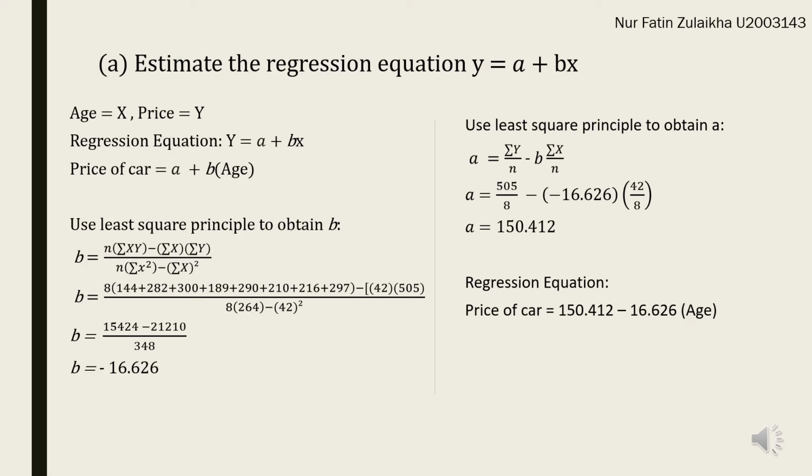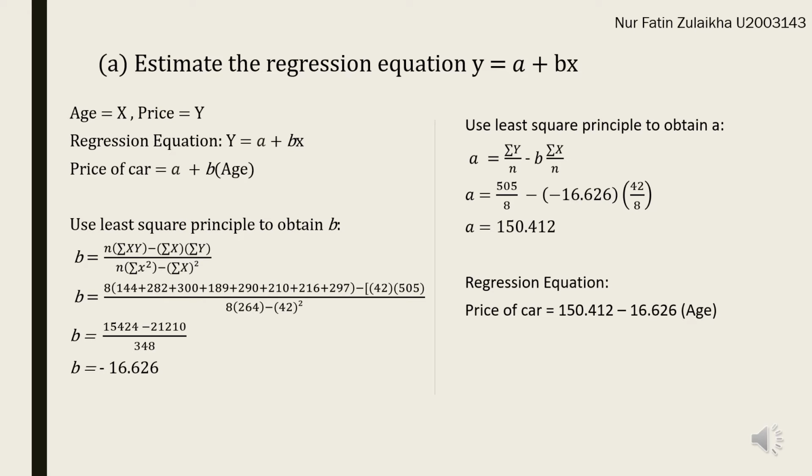In order to obtain the value of b, you need to use the least square principle and substitute into the formula, and after you do all the calculation, you will get b equals negative 16.626. After that, the same goes for obtaining a.